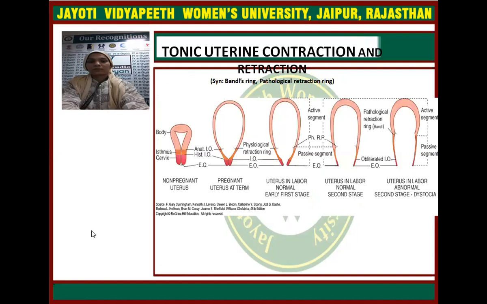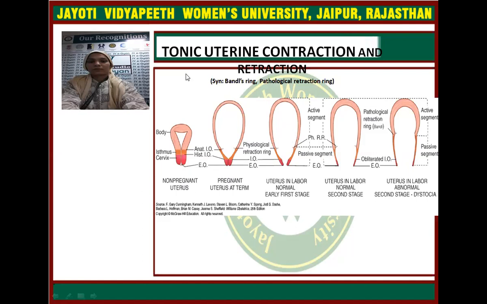Here in the diagram you can see, we have already discussed normal labor. So there is a physiological retraction ring present during normal labor. Here in the diagram you can see a non-pregnant uterus, a pregnant uterus at term, how it looks. Then uterus in labor in the first stage, again in early stage.